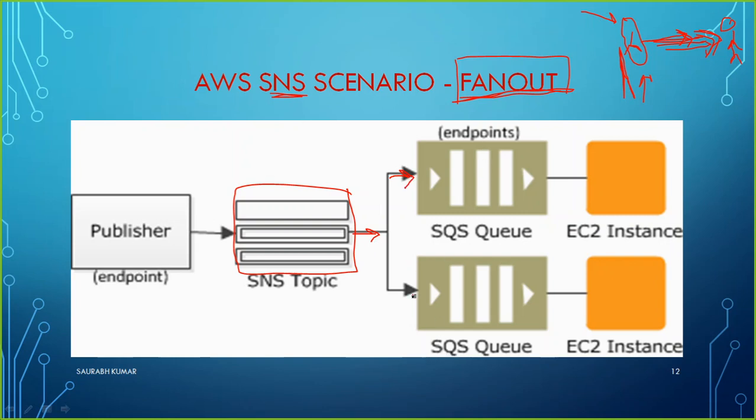If you are using SQS, it will go to the SQS queue and then be pushed slowly, one by one. Otherwise, if you are not using SQS, it will be pushed directly to the EC2 instance. It can be pushed directly to the EC2 instance, or SQS can also be used there just to maintain the queue. So this is how the SNS scenario works.